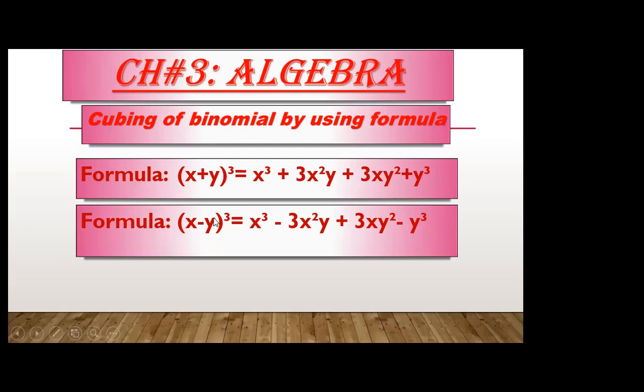Now in the same way, beta, x minus y whole cube, the formula is the same. The difference is only this minus sign. If the minus sign is there, we will put a minus sign in the alternate terms: plus, minus, plus, minus.